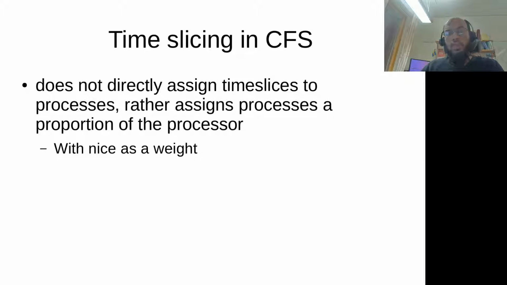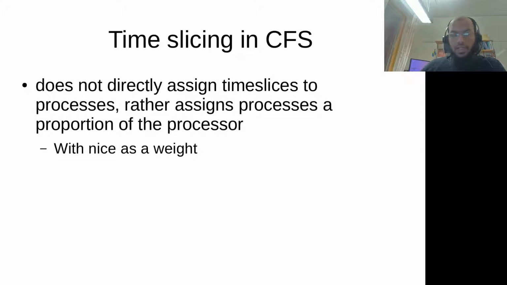CFS implements it in a different way. This is how Linux implements it. You do not assign time slices, so you do not say that the highest priority job will use 10 milliseconds and the lower priority jobs will use a higher number of milliseconds, but you rather assign it using a share of the processor.